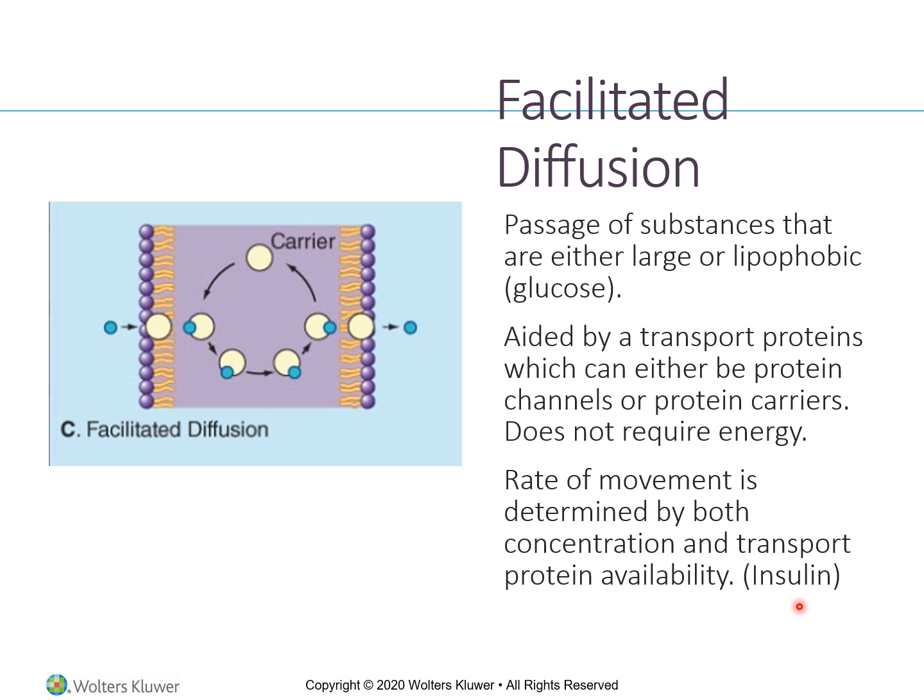When we produce insulin in the body in response to high levels of glucose in the blood, the insulin is signaling us to create more carrier proteins. And in the presence of more carrier proteins for glucose, we get more movement of glucose across the cell membranes because we have more available proteins. Okay?